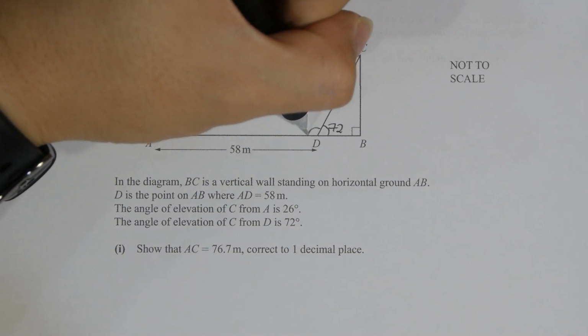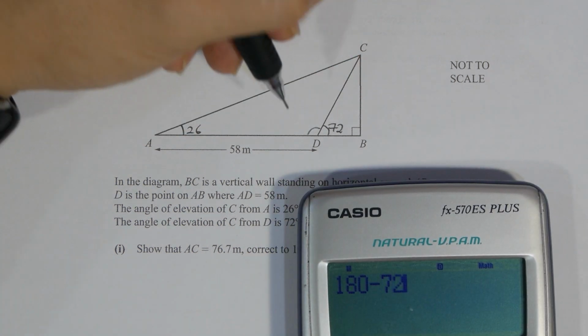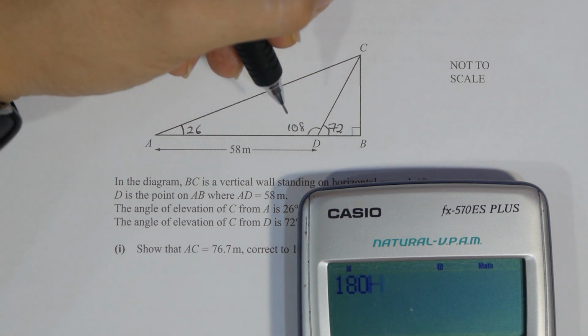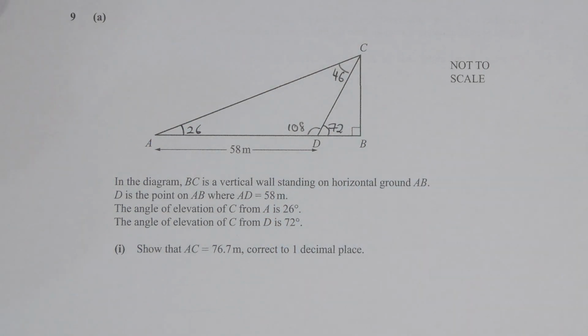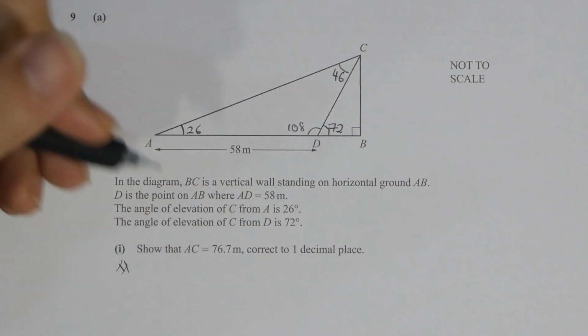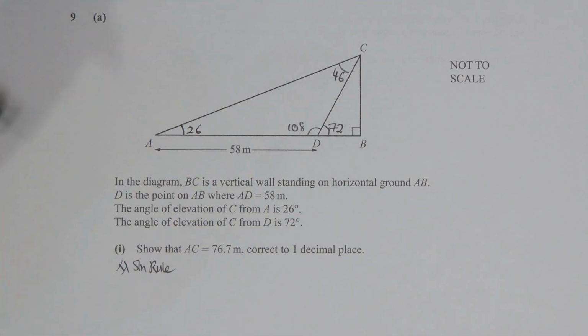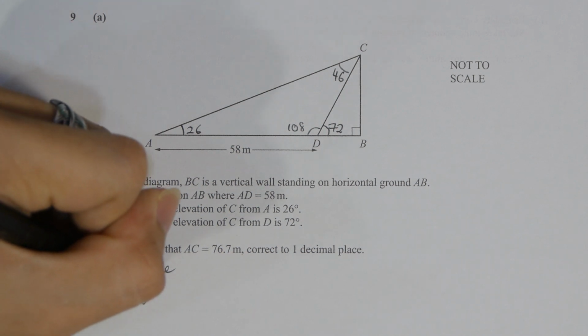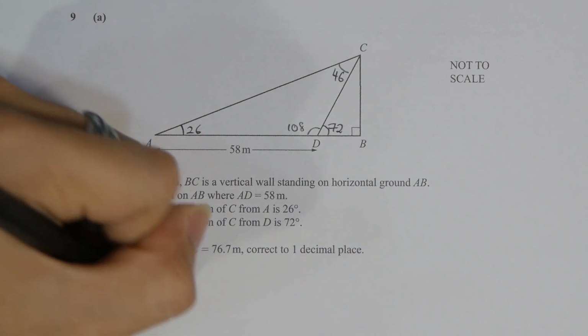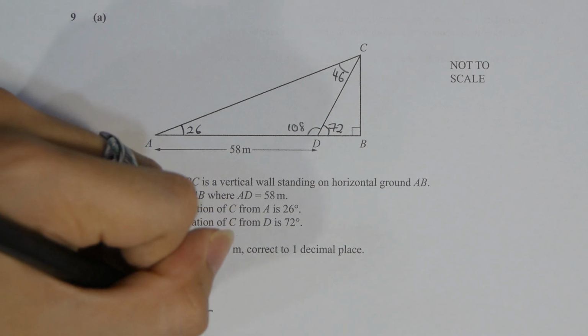Okay, so ADB is a straight line, hence ADC is 108. Okay, so I've gotten the result of ACD as 46. So using sine rule, I can now identify AC's value as 76.7.